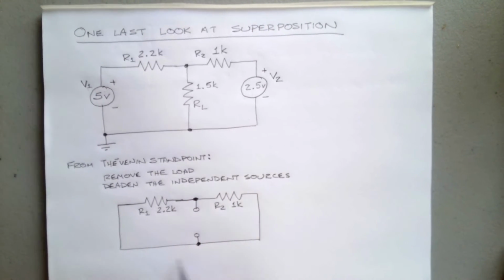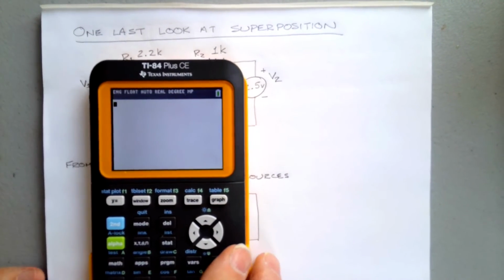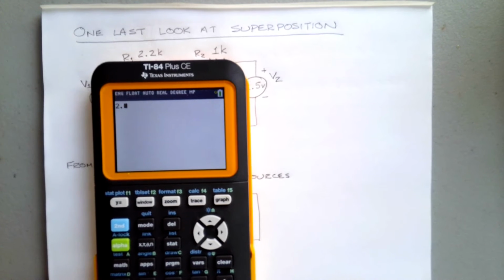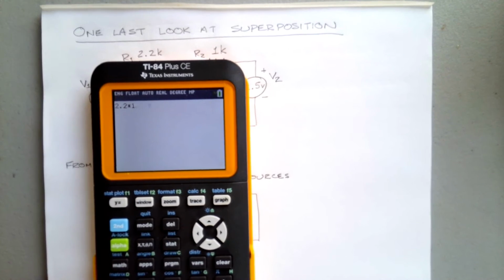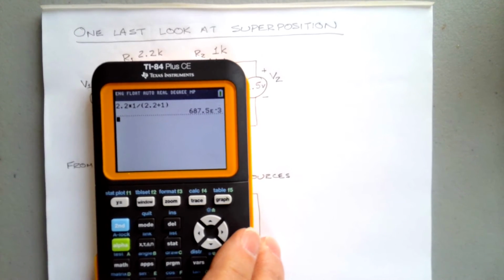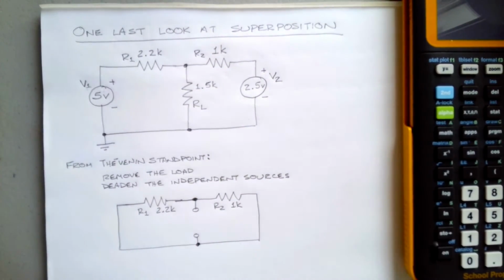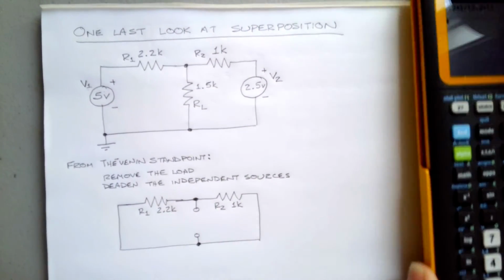So we have 2.2 times 1 divided by 2.2 plus 1. I'm being a little cavalier by leaving off the k's here. And the answer we get is about 687.5 ohms. We could actually build that if we wanted to.